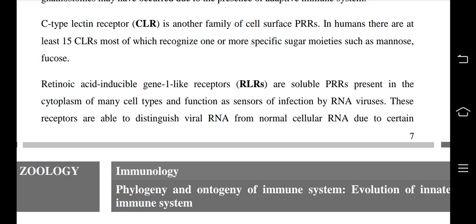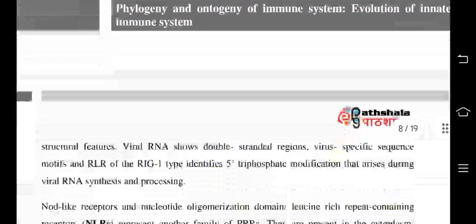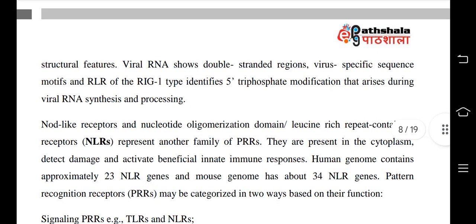These receptors are able to distinguish viral RNA from normal cellular RNA due to certain structural features. Viral RNA shows double-stranded regions and virus-specific sequence motifs, and RLR of RIG-I type identifies 5' triphosphate modification that arises during viral RNA synthesis and processing.